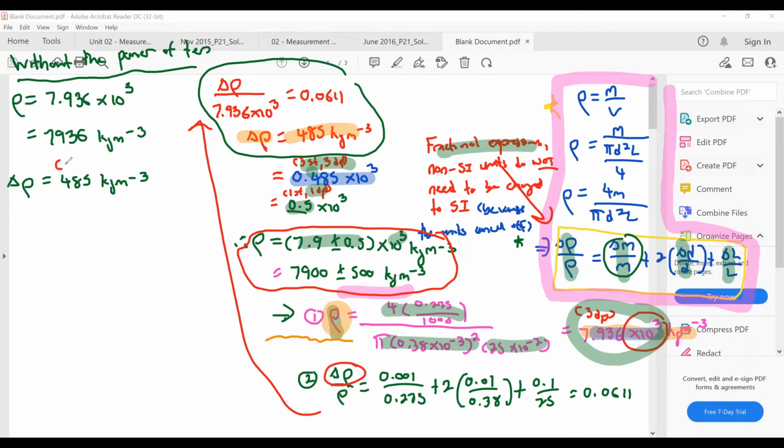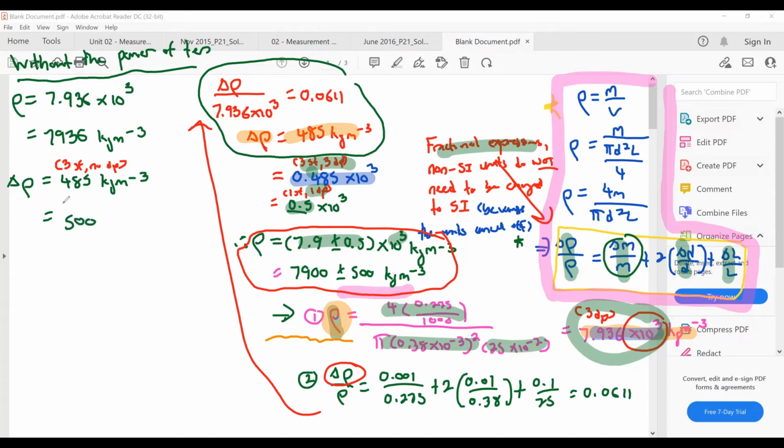This one, I can say that it is 3SF, no DP, right? But I can still round this to 1SF. This one will become 500 if rounded to 1SF.